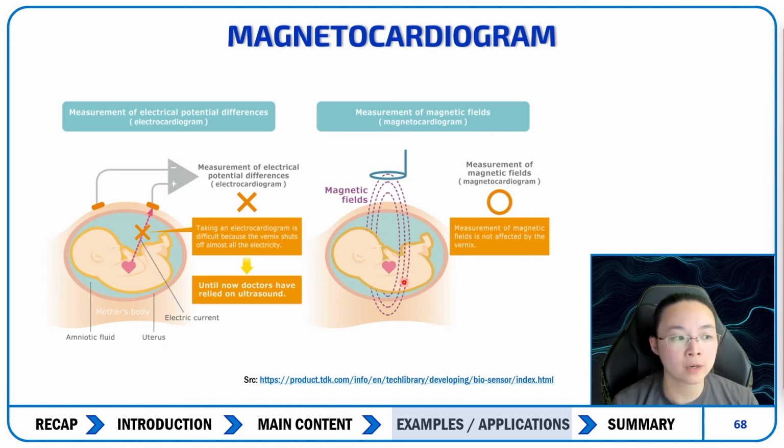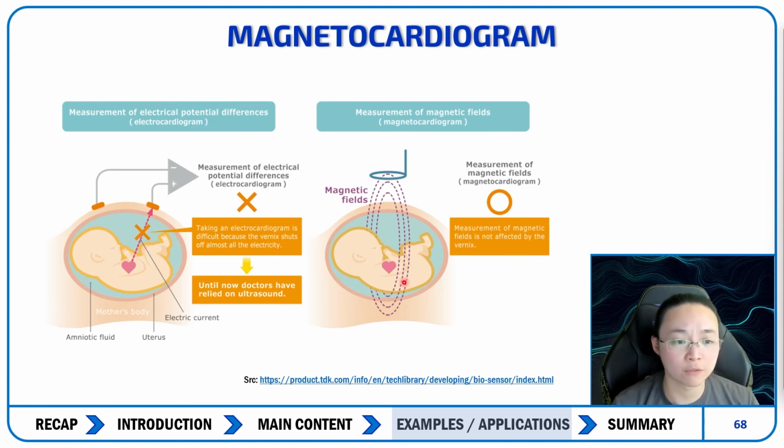And so therefore, a magnetocardiogram is a good option when you're trying to diagnose anything for a fetus developing in the womb versus an ultrasound. So you have the choice of an ultrasound, or you can choose a magnetocardiogram to diagnose any heart conditions within a fetus.